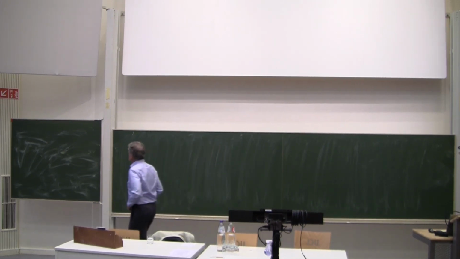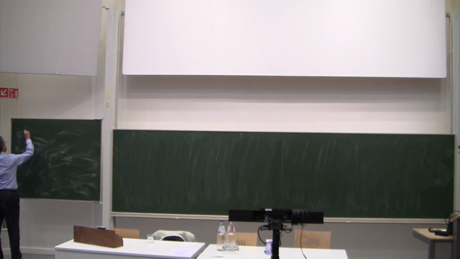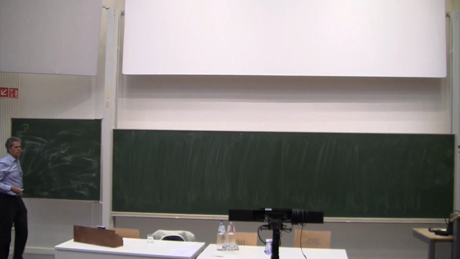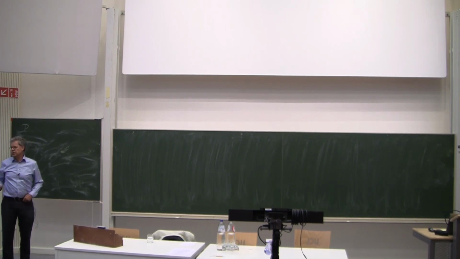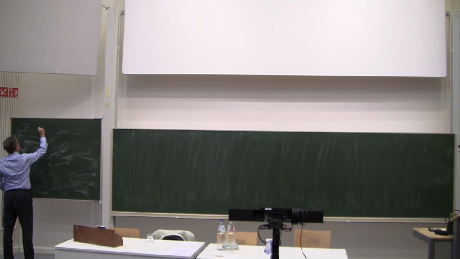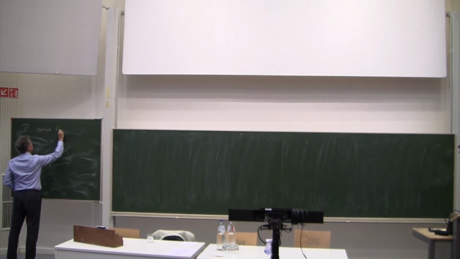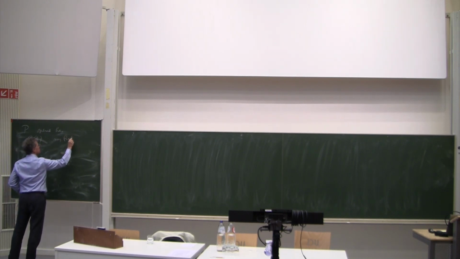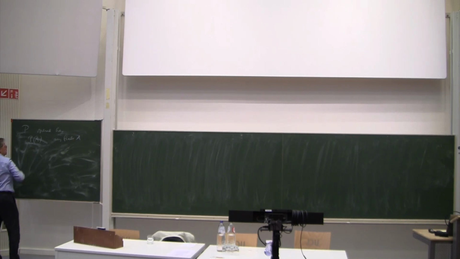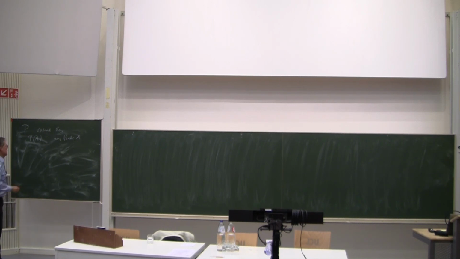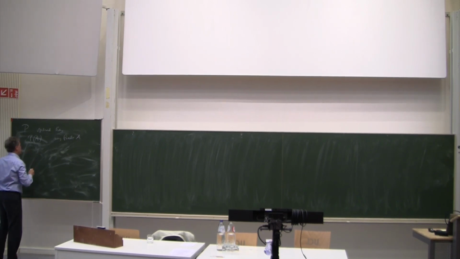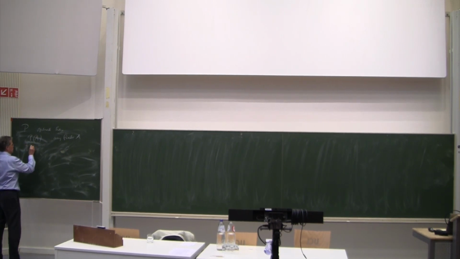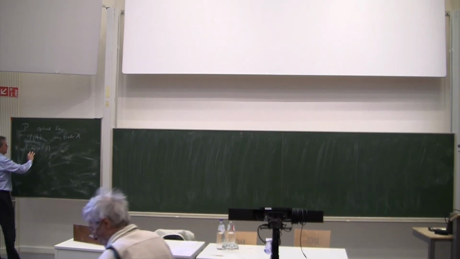So for me, an operad P is in particular a functor of finite sets and bijections. Okay? So an operad has P of A, for any finite set A, and it has permutations of A and for bijections from one set to another act, and there is a composition operation which takes the form P of A times P of B. So you have an operation with A many inputs.